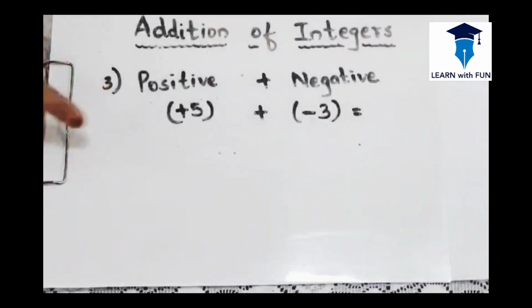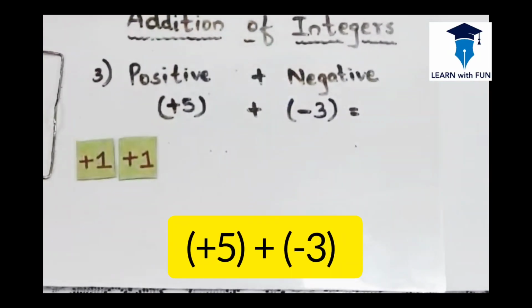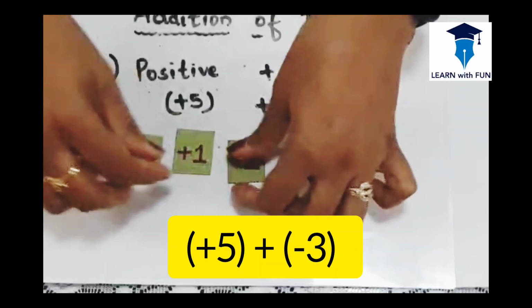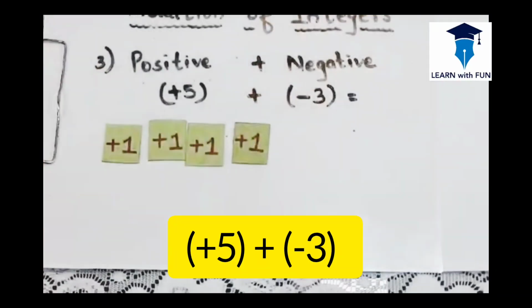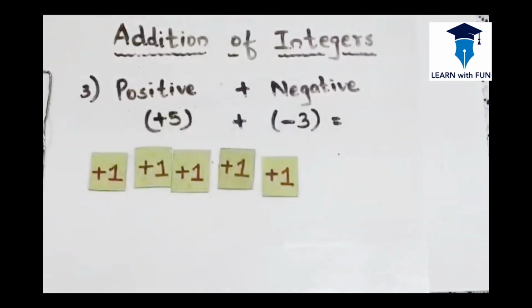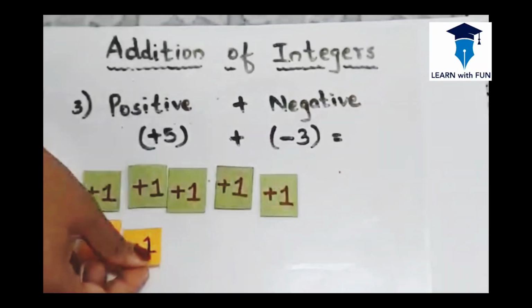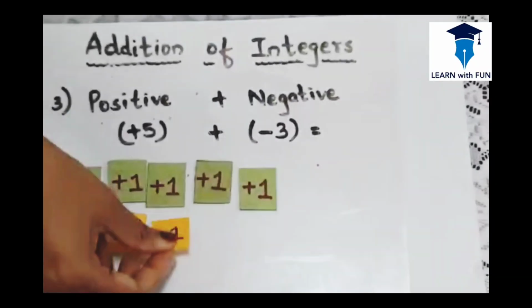So here we have taken plus 5. So for this we are going to take the tile of positive numbers. How many tiles we are going to take? 5 tiles we are going to take. Plus 5. And the negative number is minus 3. So now we are going to take 3 negative tiles. Minus 1, minus 1 and minus 1.